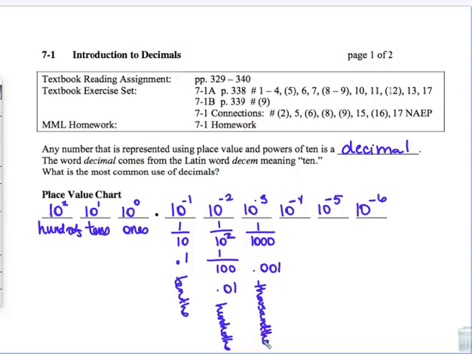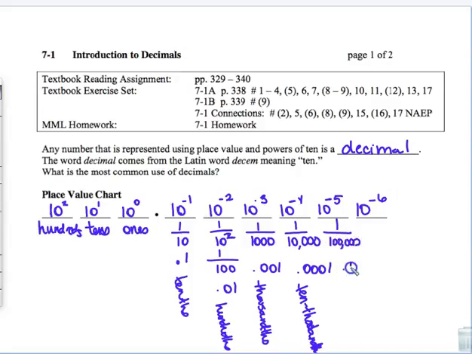10 to the negative 4 would be 1 over 10 to the positive 4th, which would make that 1 over 10,000. And that's why this is called, well, the decimal form of it would be decimal point 0.0001, and this is the 10 thousandths place. 10 to the negative 5 would be 1 over 10 to the positive 5, and so that would be 1 over 100,000.